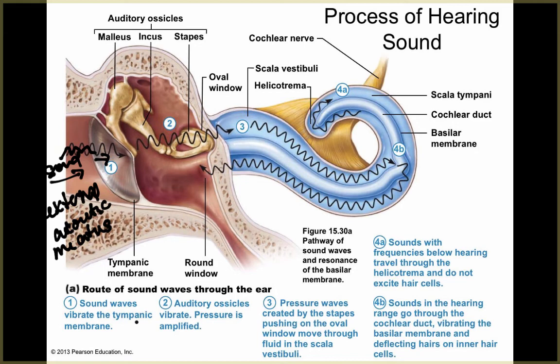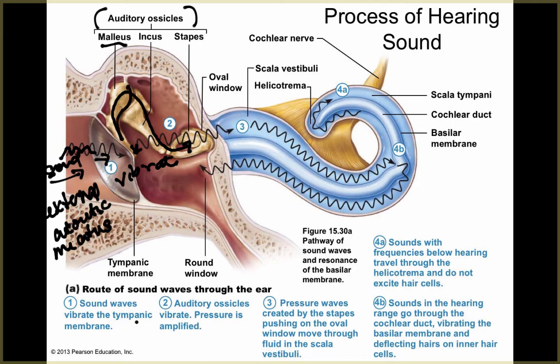From there, this is going to make the membrane vibrate. That vibration is transmitted through these, which are the auditory ossicles. These are the smallest bones. The one that's attached to the tympanic membrane is the malleus.